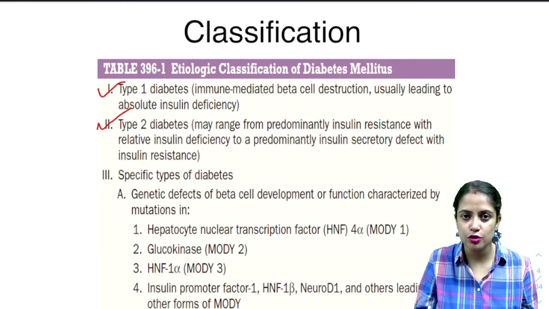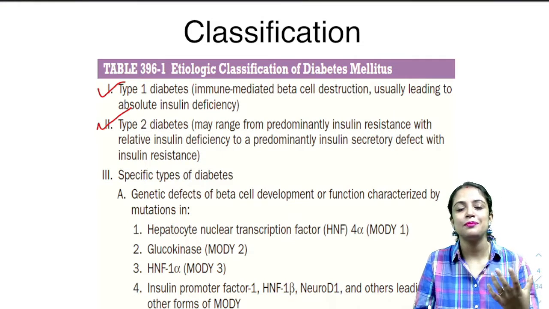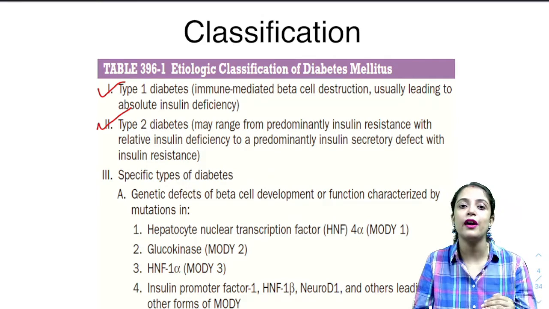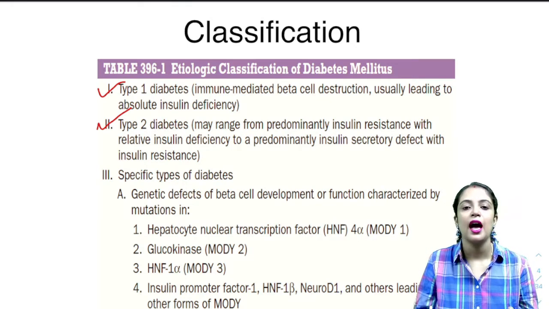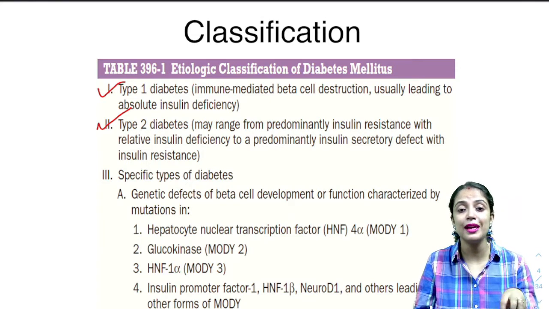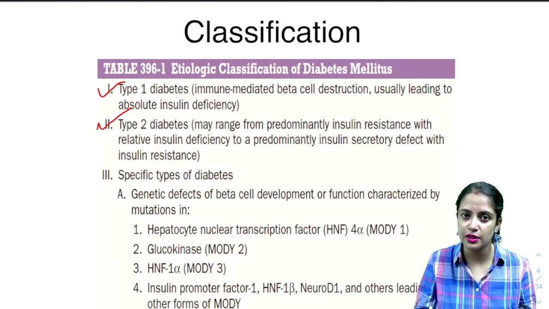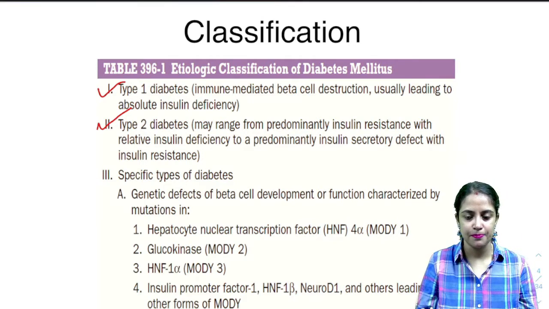That is the pathophysiology of type 1 diabetes: the insulin secreting beta cells are destroyed in the process of some autoimmunity, and because of this the patient will not be able to produce insulin, leading to absolute insulin deficiency.